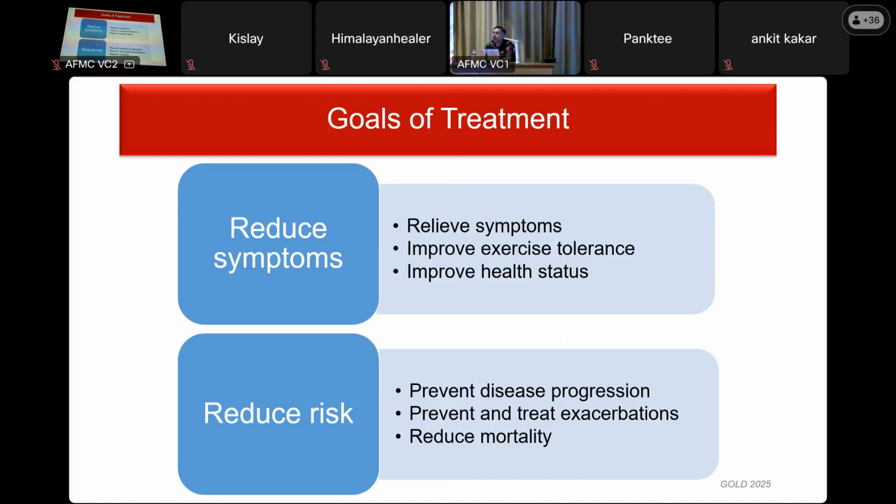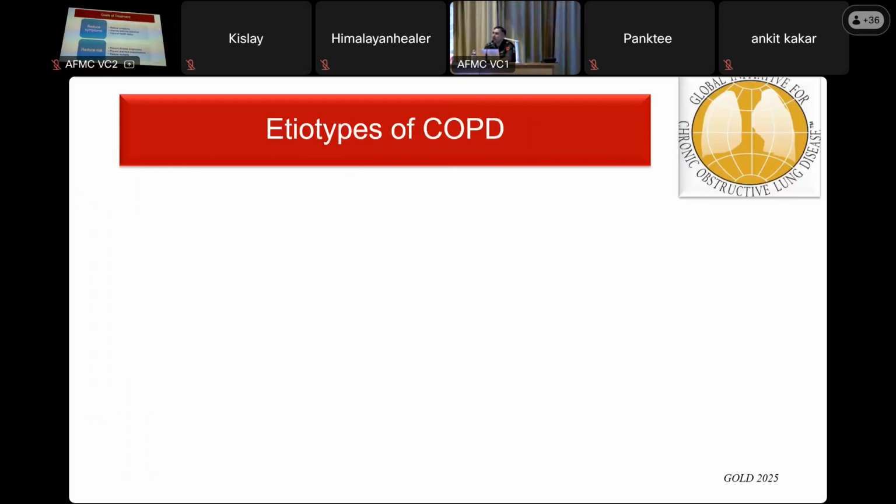So we treat the patient for reducing symptoms, which includes relief in symptoms along with increased exercise tolerance and a rise in health status. While reducing the risk includes preventing disease progression, preventing and treating exacerbations, and reducing mortality. So basically, we are doing it to reduce symptoms or reduce the risk.